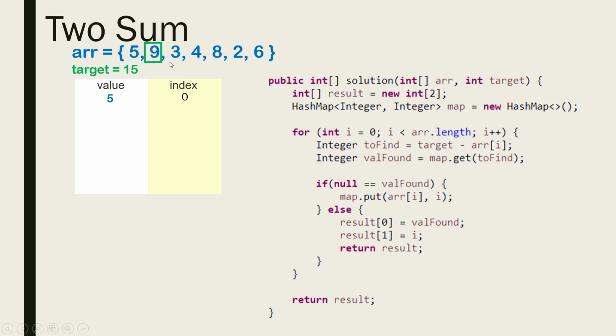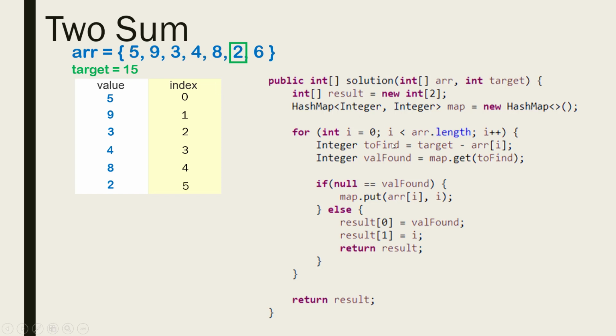Now, next value, 9. 15 minus 9 is 6. So we're looking for 6 for the to find value. Is it in the map? 6 is not here, so it will be null, right? So map.put, we're going to put it there again, and then 3, it goes like that again. It will loop until we reach the index 6.